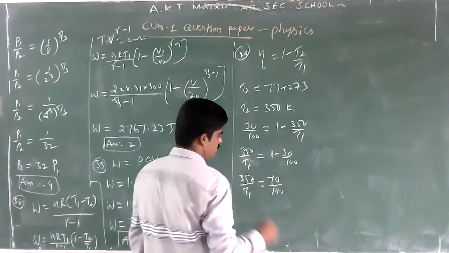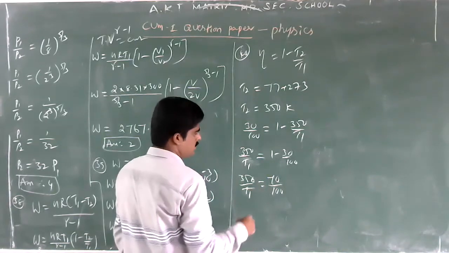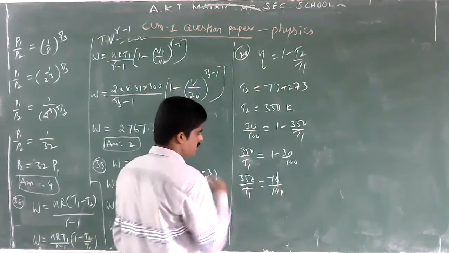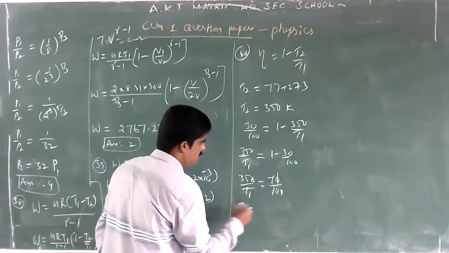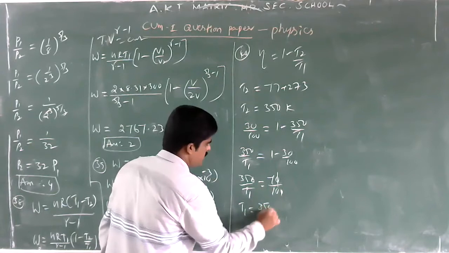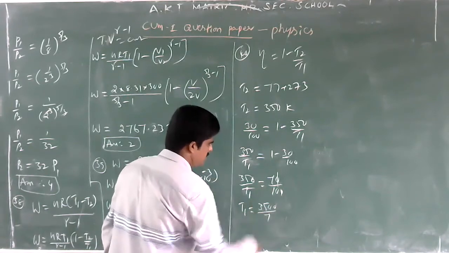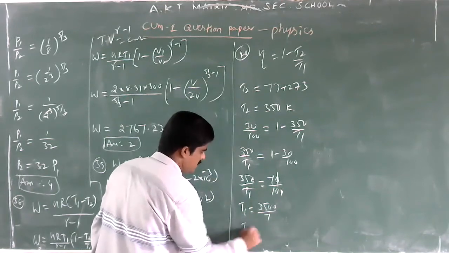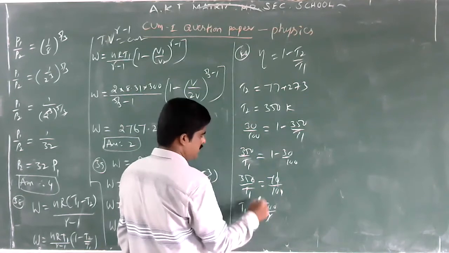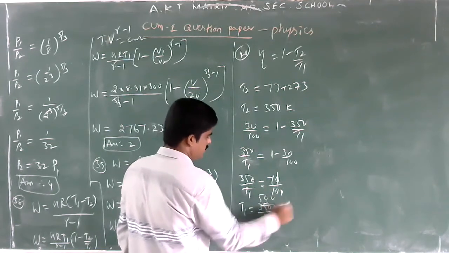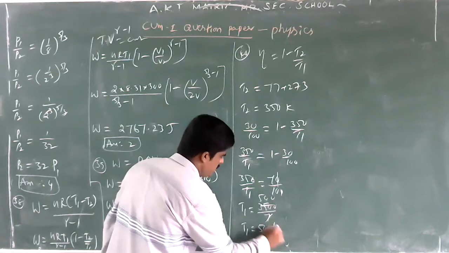The 0 gets cancelled. Cross multiplication: T1 is equal to 3500 divided by 7, so T1 is equal to 500 Kelvin.